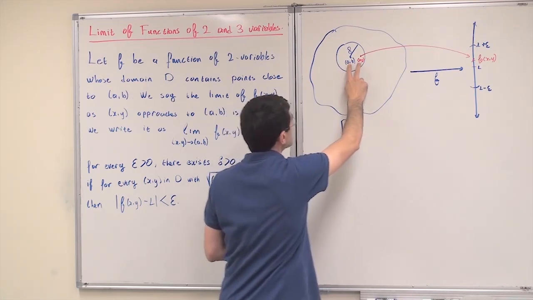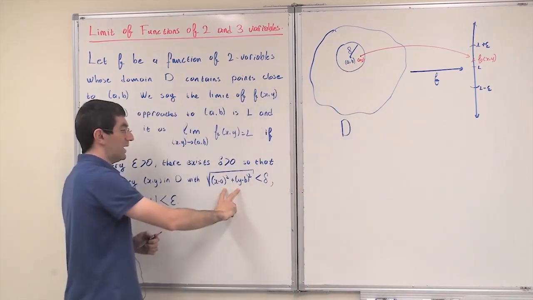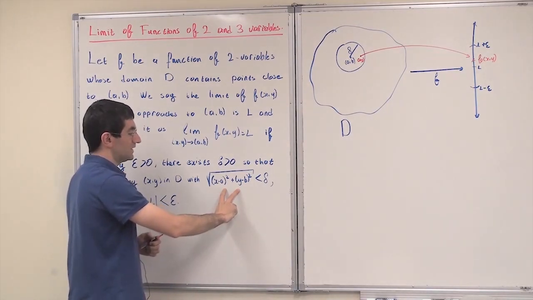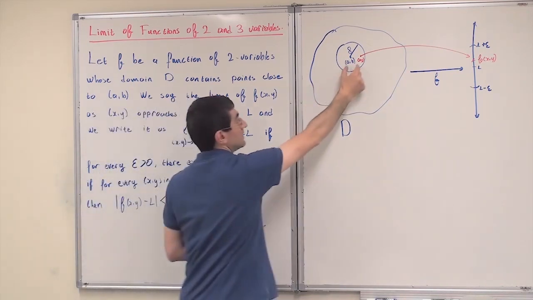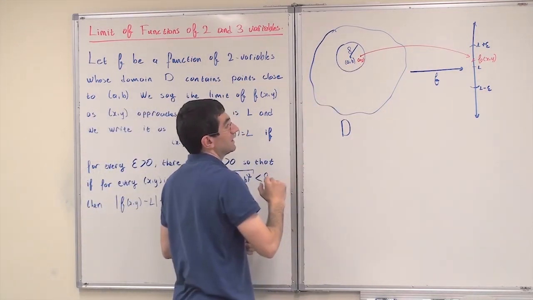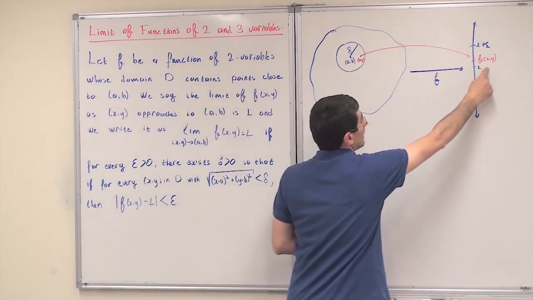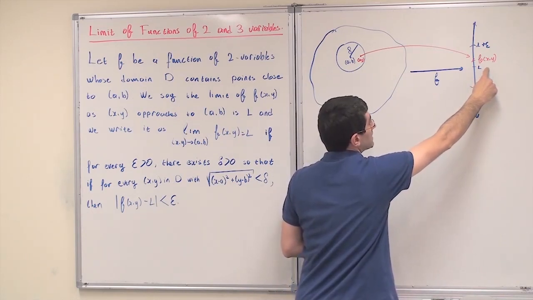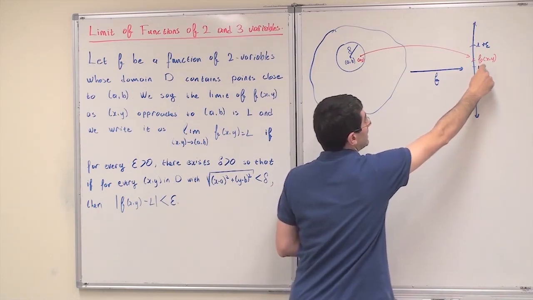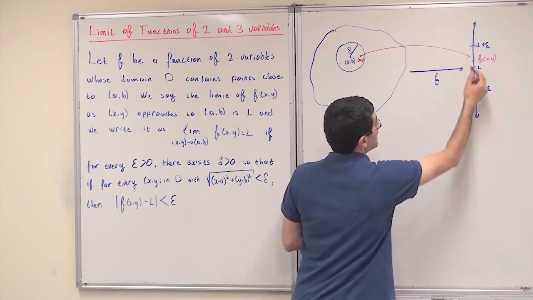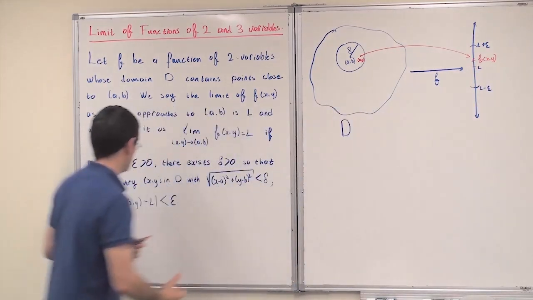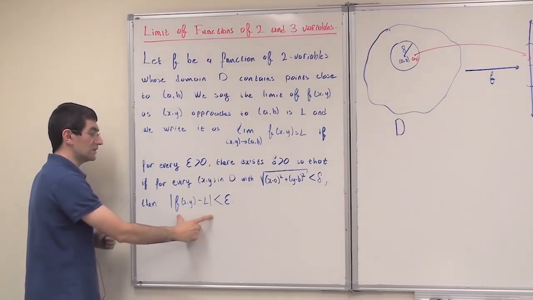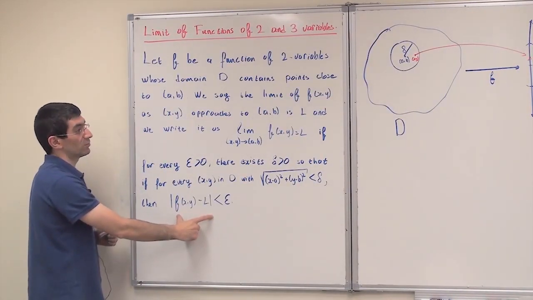Now, the distance is given by this relation. So, this relation less than delta means that the point is in the disk. And then f takes (x, y) to this interval. It means that the distance between the f(x, y) and L is less than epsilon, which corresponds to this condition in the formal definition.